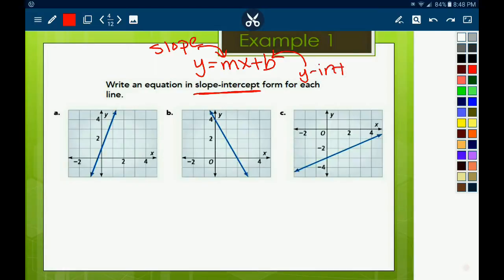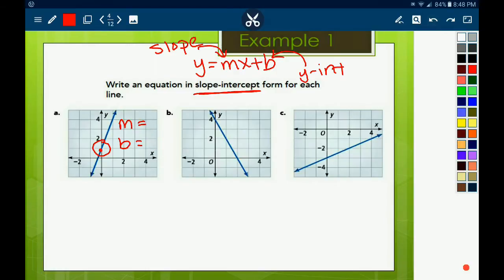So first, before we create the equation, let's identify what m and b are on each of these graphs. I think the easiest thing to identify first is the y-intercept, and I can tell the blue line crosses the y-axis at 1.